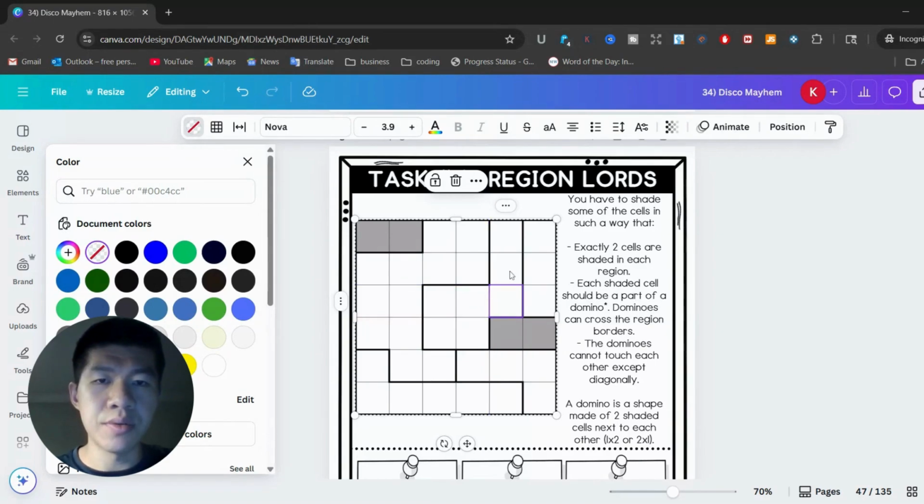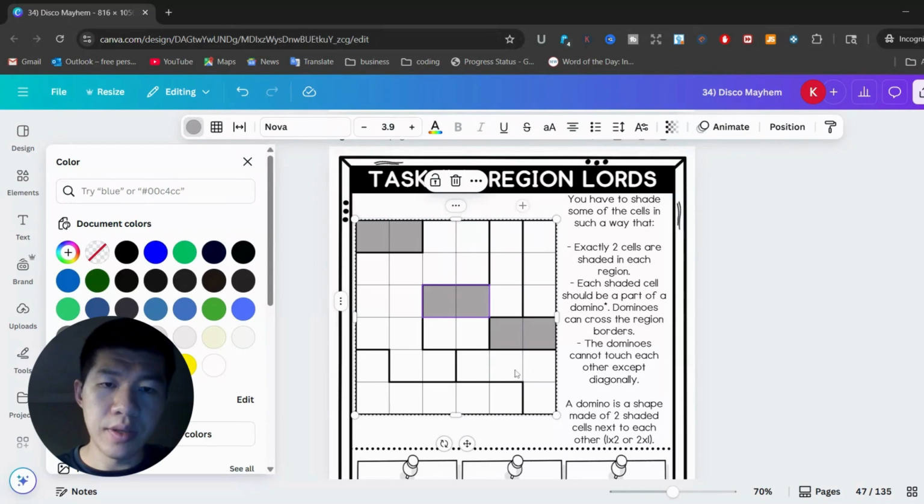So right now, logically, you can go either here in the purple, or in this region right here. For now, I'm going to say that these are going to be my shaded cells, so I'm going to turn those into a gray color.